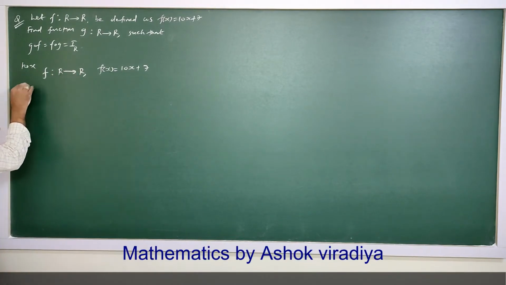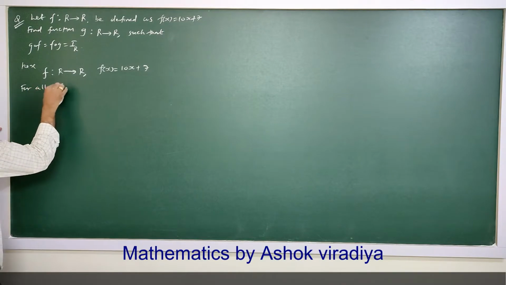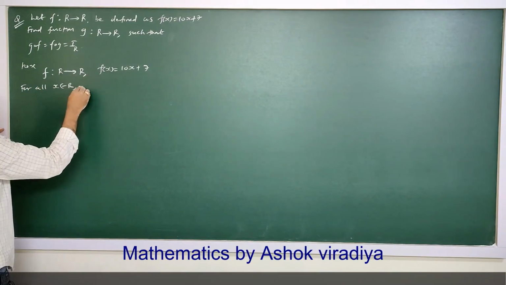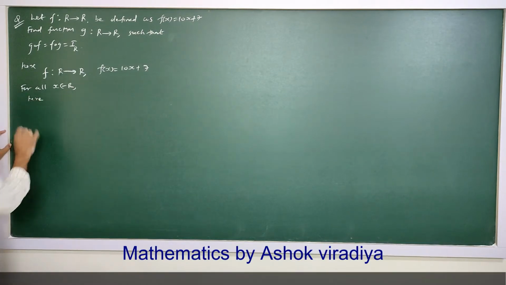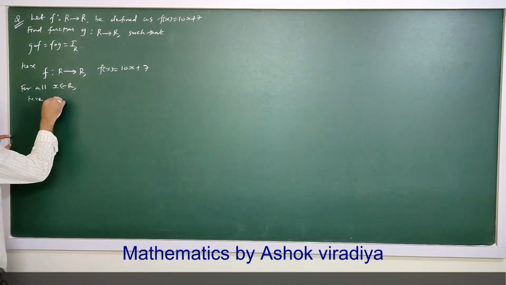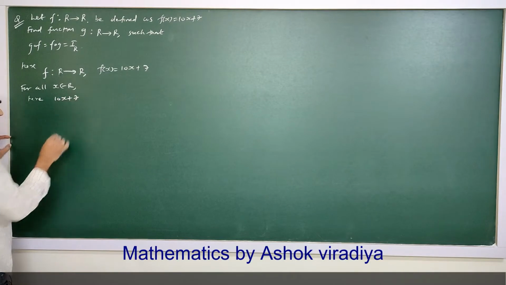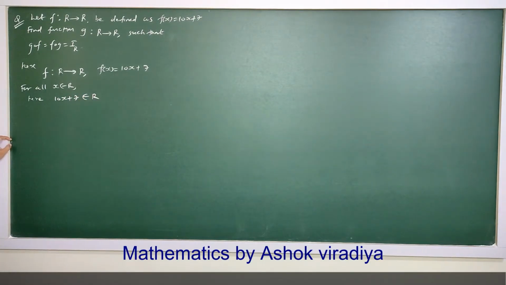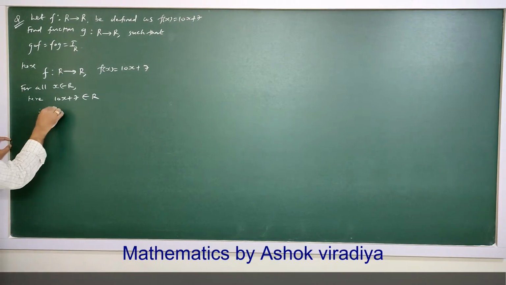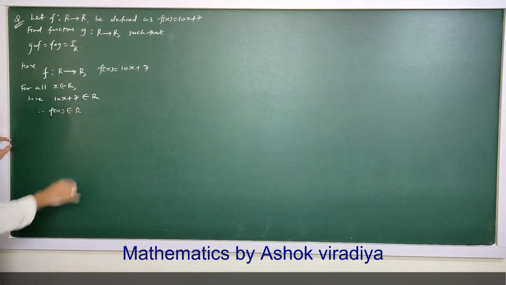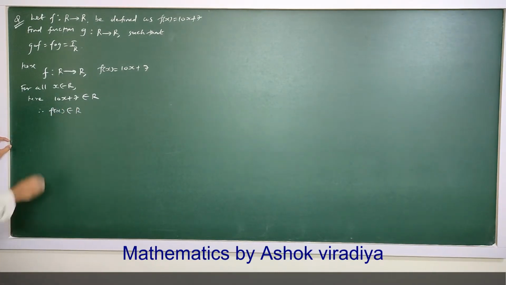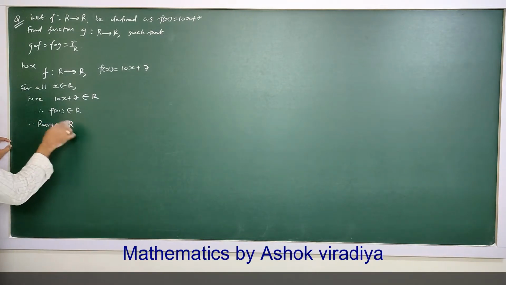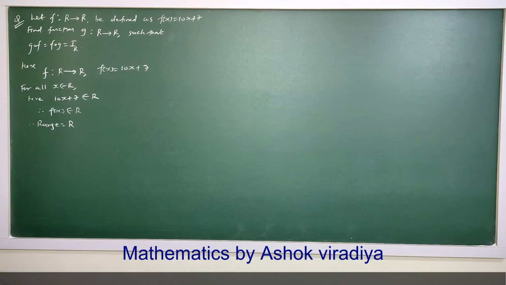For all x belonging to R, 10x + 7 is a real number. So the range of this function is R, which is the codomain.